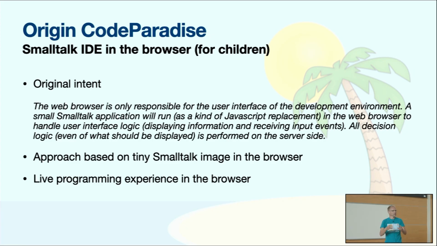And it runs using a tiny Smalltalk image in the browser, allowing communication between this tiny image in the browser and your Pharo IDE running regularly. Using a WebSocket connection, you can have a very interactive communication between the two, so you get this live experience while programming. That's important, I think, with developing in Smalltalk. So that's the origin of CodeParadise.